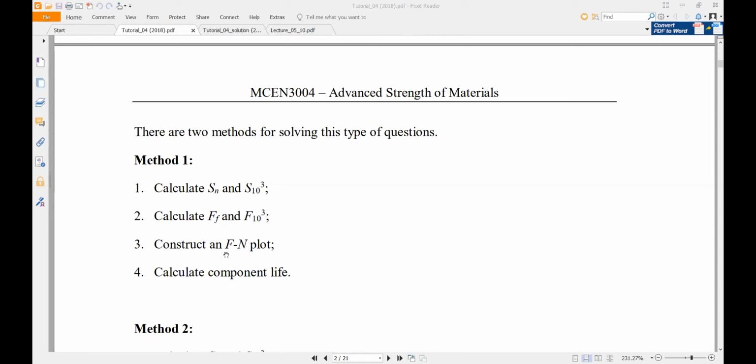But it is better to use the FN plot, because strength varies with the cross section, but load does not vary with the cross section. Later I will explain the difference between load and stress. If you already know, it's okay. So you can calculate the component.